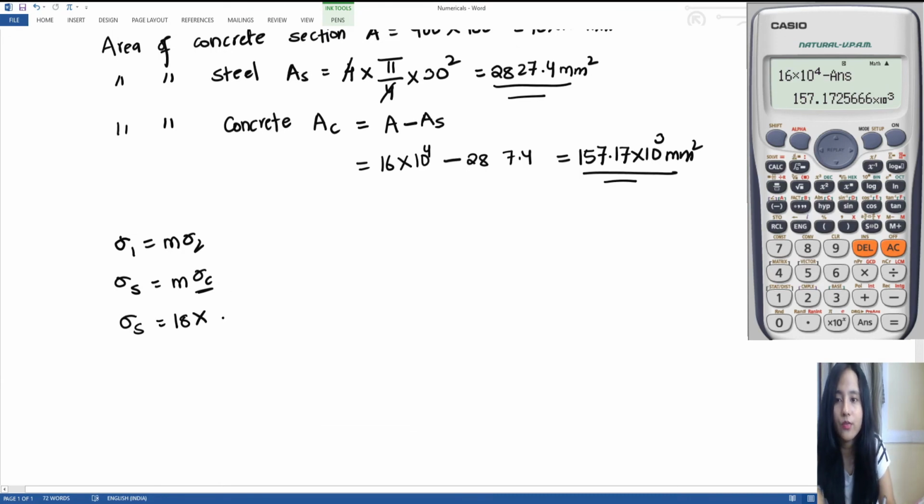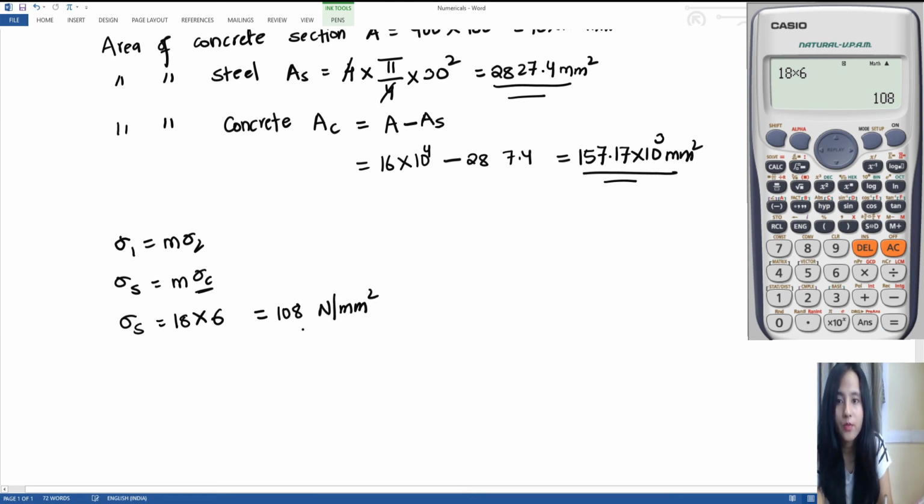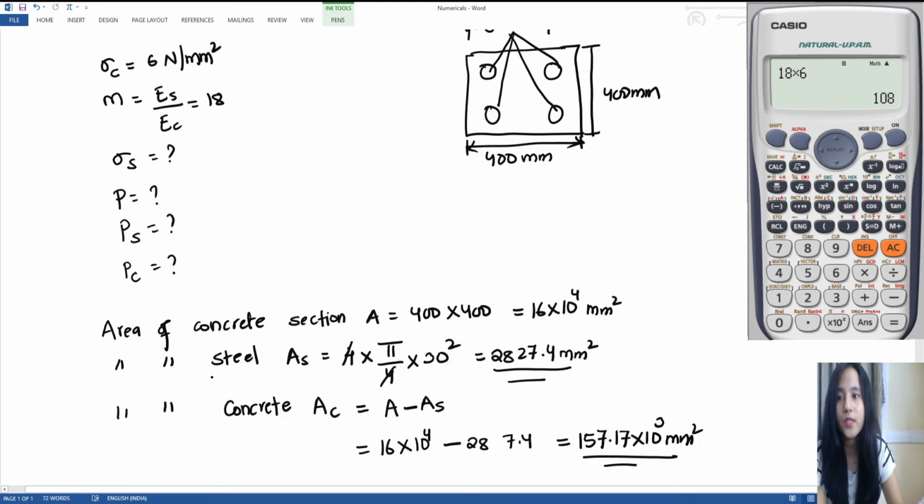So 18 into 6, we get 108 Newton per mm square, right? Now we have found the stress induced in steel.